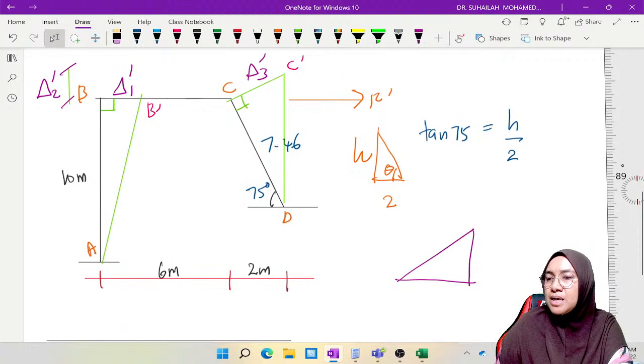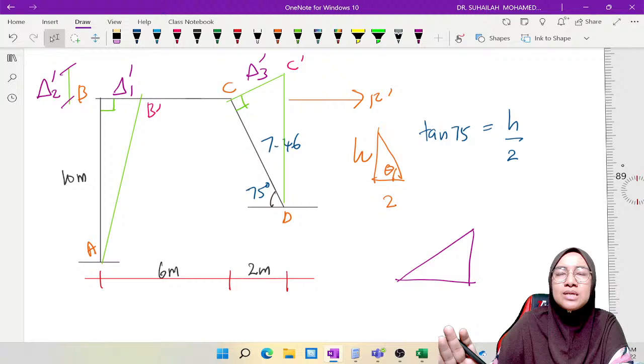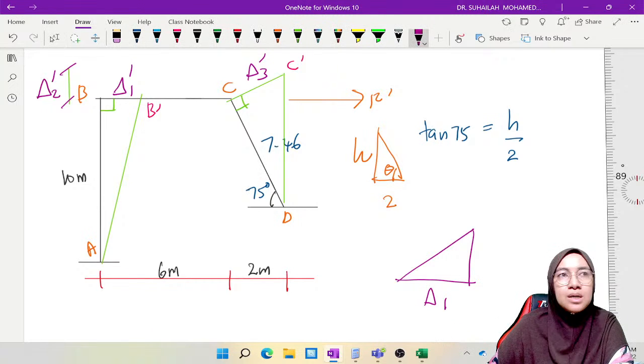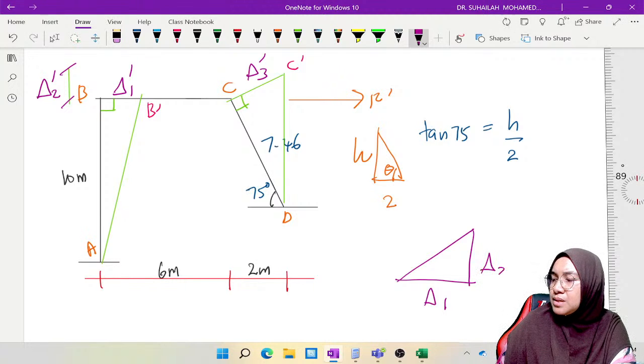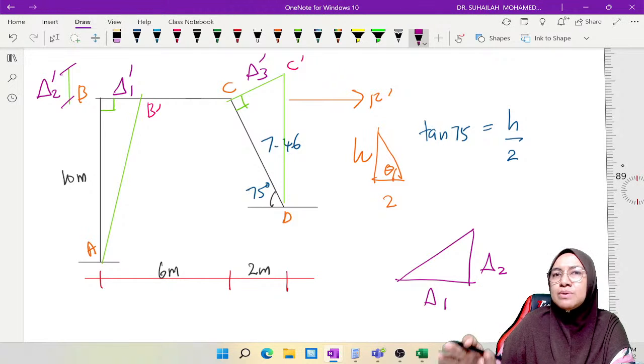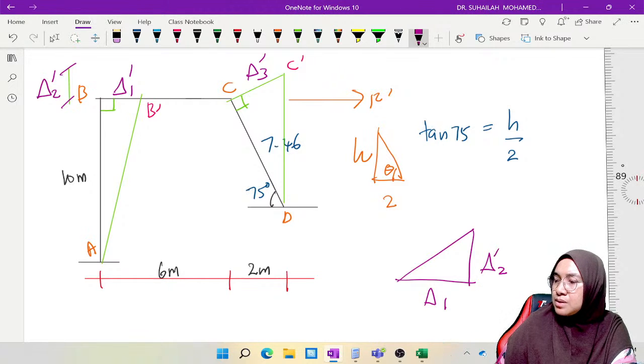For delta 1, it is horizontal. Delta 2 is vertical displacement, because the beam is horizontal. All are prime. And this is delta 3.